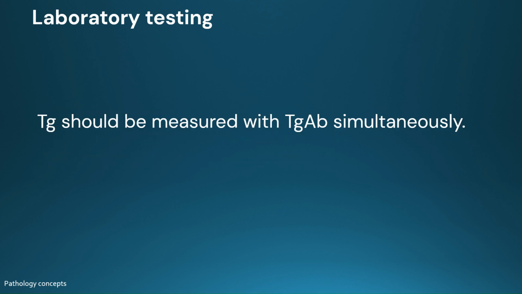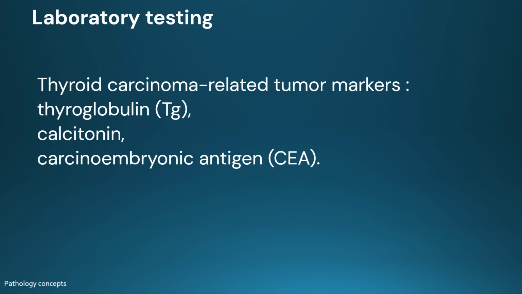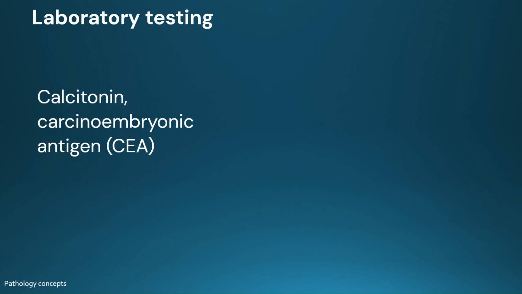As the presence of antithyroglobulin antibody will falsely decrease serum thyroglobulin levels, thyroglobulin should be measured with antithyroglobulin antibody simultaneously.